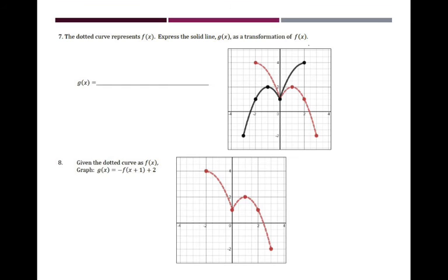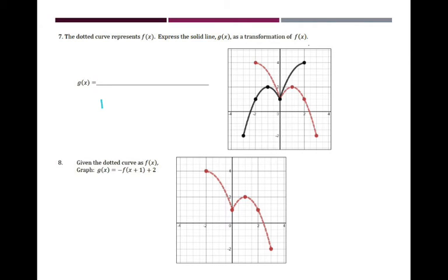All right. Number 7. Number 7 starts to take us into transformations of functions. The dotted curve represents f of x. Express the solid line g of x as a transformation of f of x. What I want to see is how this red curve turned into this black curve, and what I noticed right away is that a reflection happened.